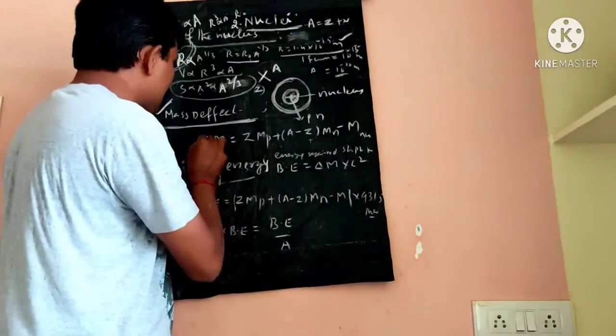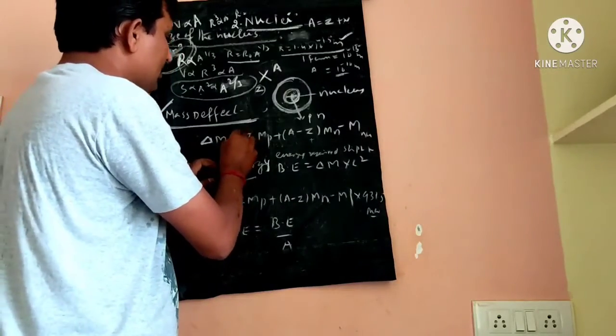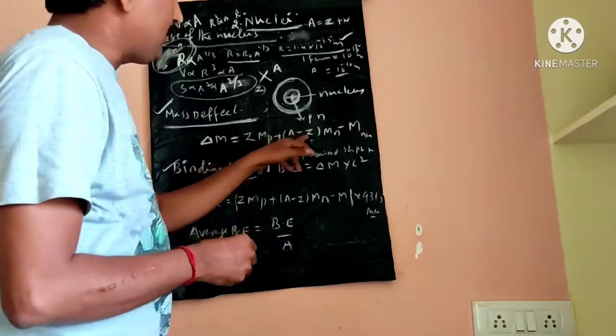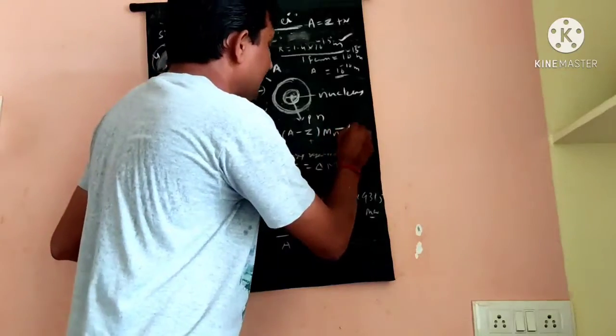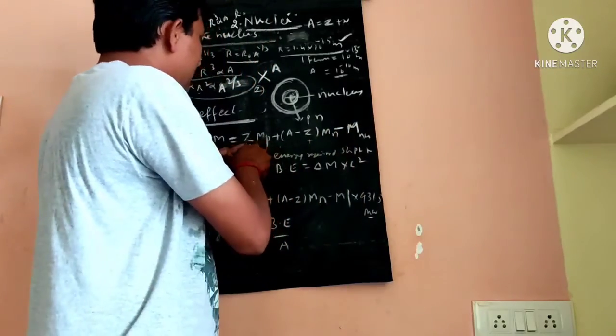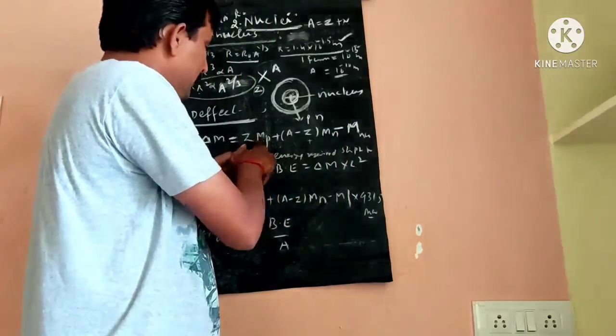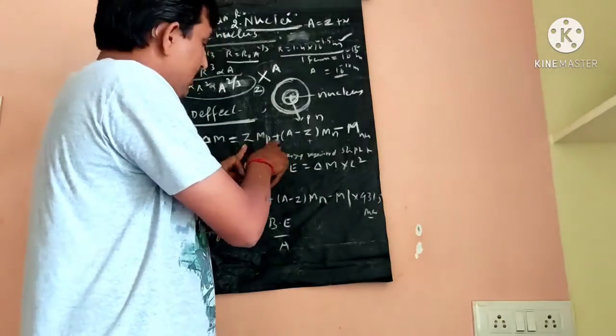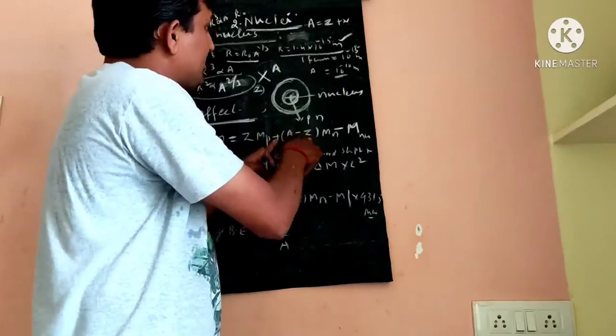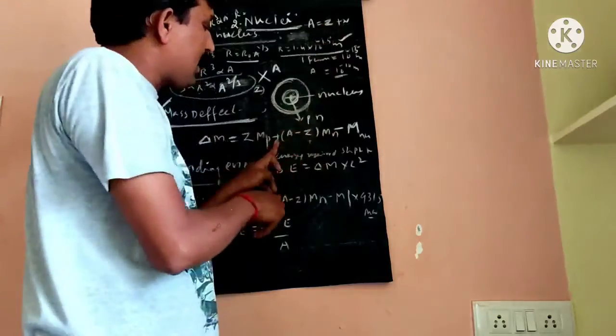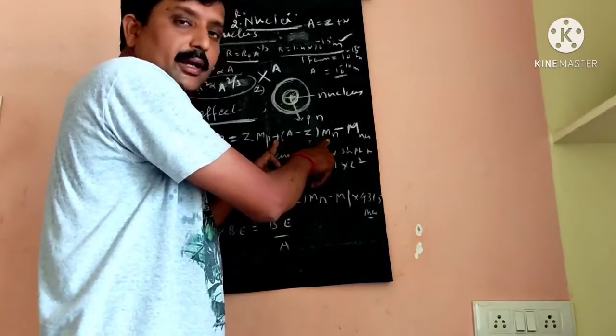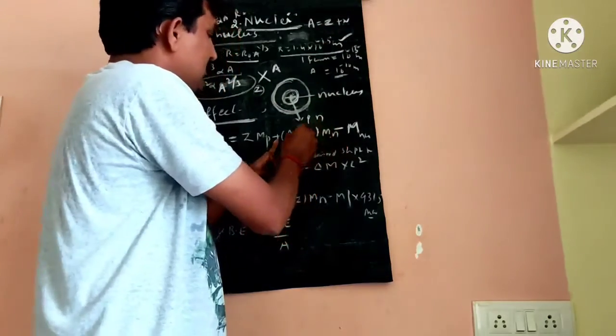The mass defect is denoted by delta M. Delta M is equal to ZMp plus (A minus Z) into Mn minus M. Here Z is the proton number, Mp is the proton mass, and A minus Z is the number of neutrons. Mn is the neutron mass.